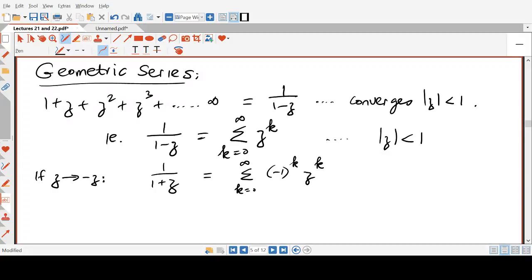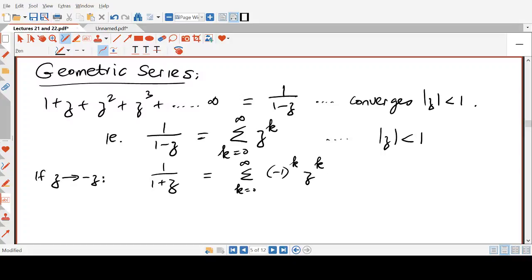That means an alternating geometric series, 1 minus z plus z squared minus z cubed, etc., will be 1 over 1 plus z. We know that anyway. The ratio now will be minus z. So a over 1 minus r will be a over 1 minus minus z, which is 1 plus z. But I just tweak this formula, replacing z by minus z throughout. I get the desired result.